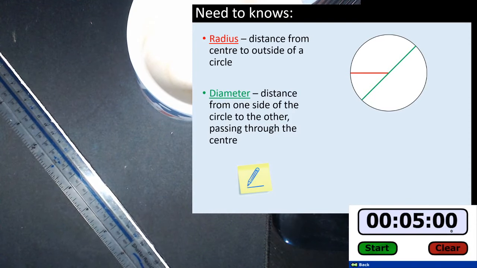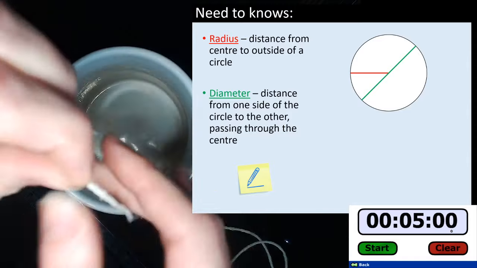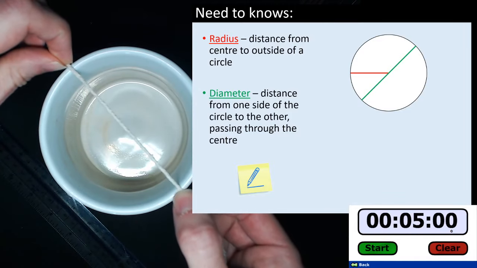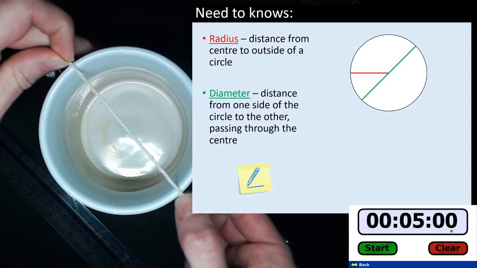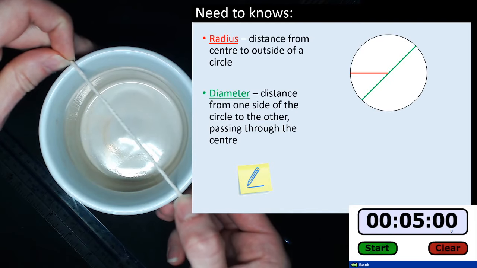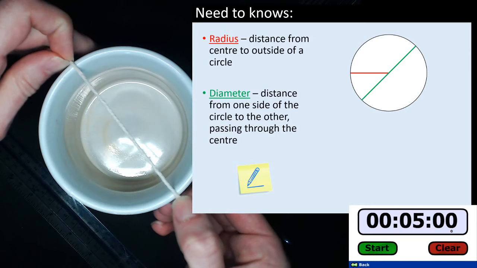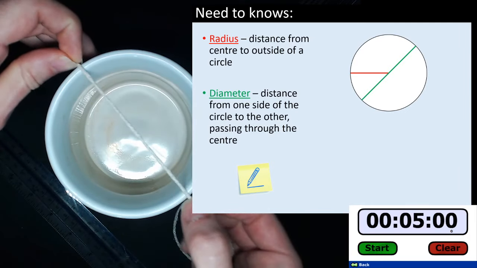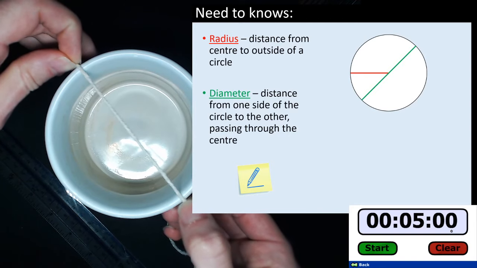If we know what the distance going around the circular object is, and we know the distance going across the circular object through the middle, i.e. our diameter, we can find out this magical number. So my distance going all the way around the circle was about 33 and a bit centimeters.